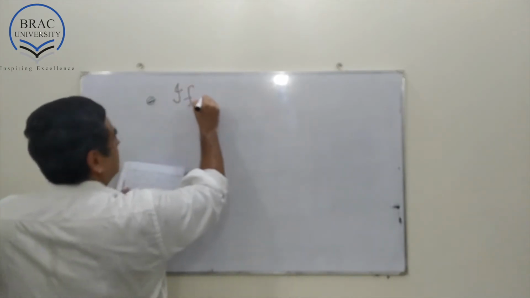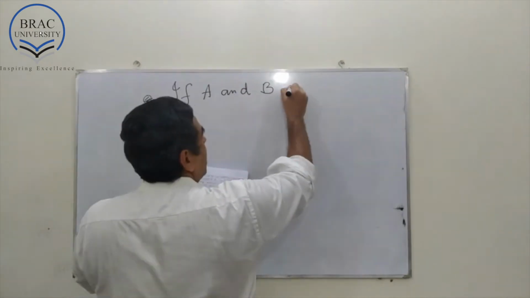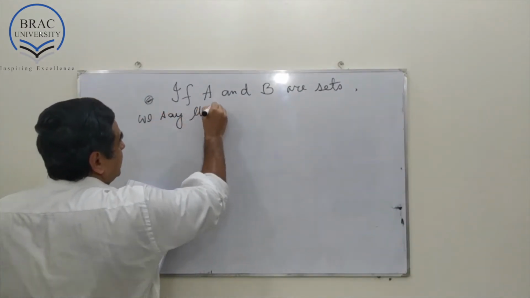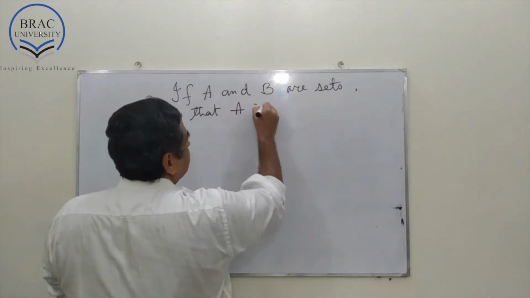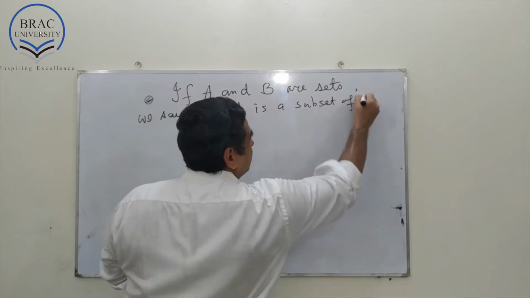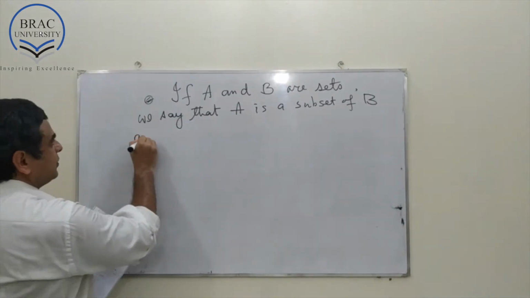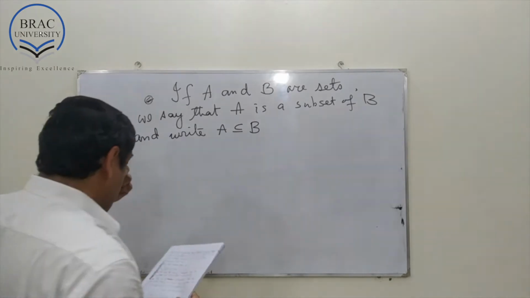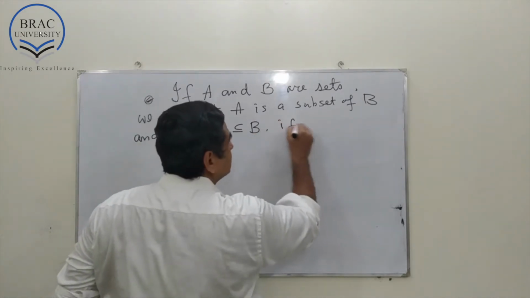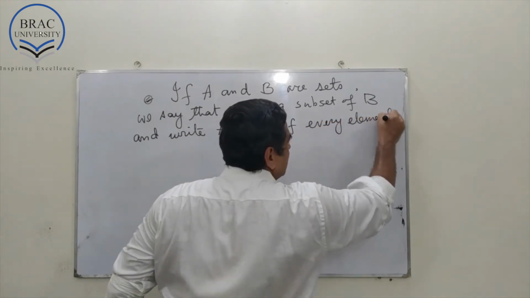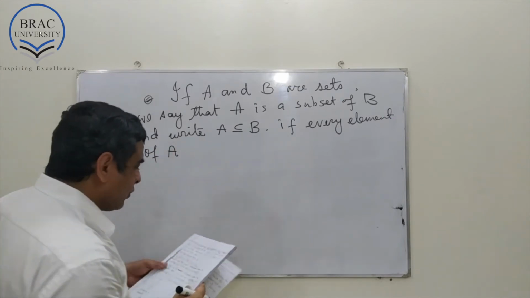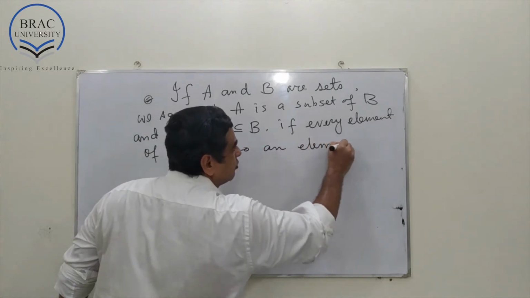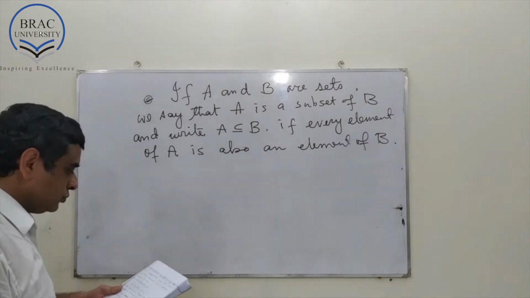If A and B are sets, we say that A is a subset of B, and we write it as this, if every element of A is also an element of B. Okay?